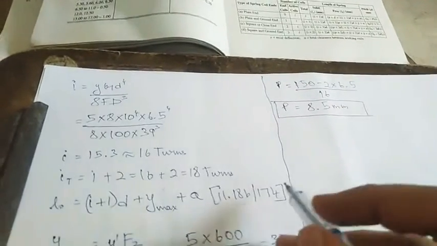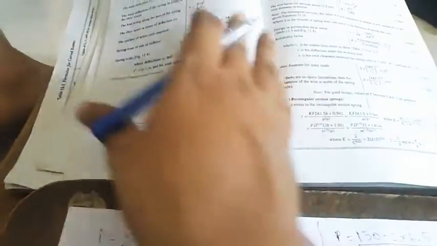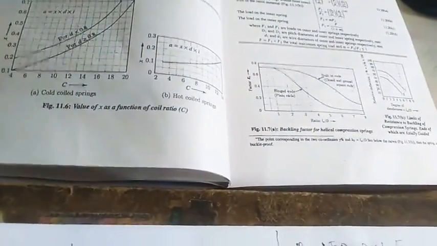So next we'll find the resonating frequency. In the question they have asked us to find the resonating frequency. For this we have to take one formula from the data handbook, page number 177.